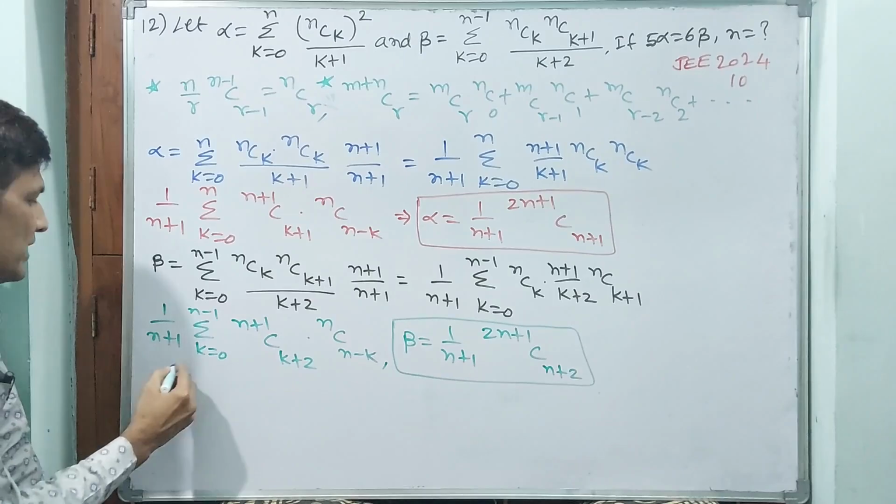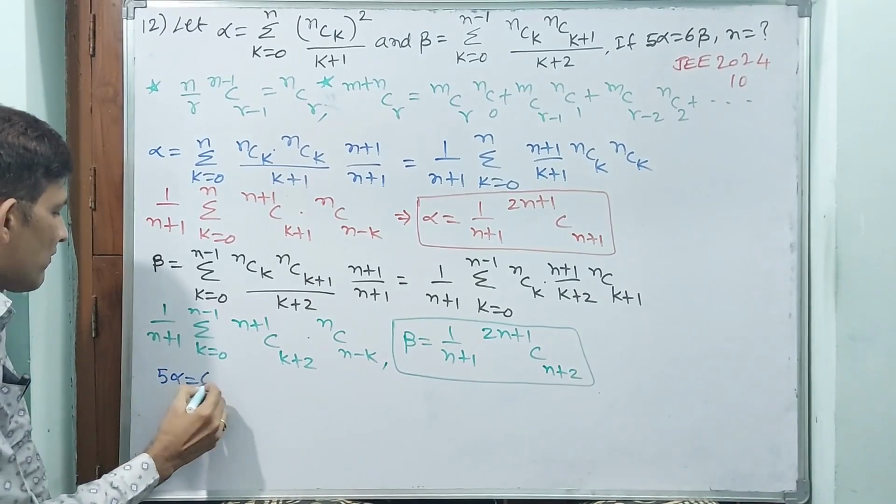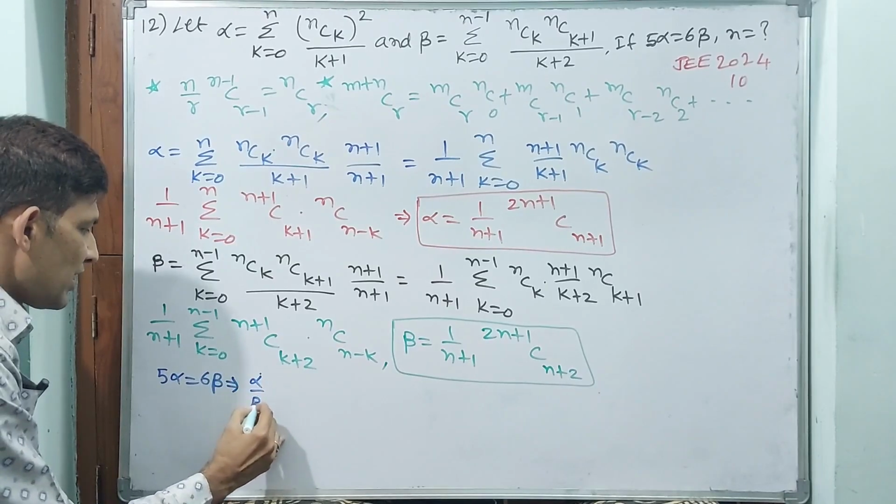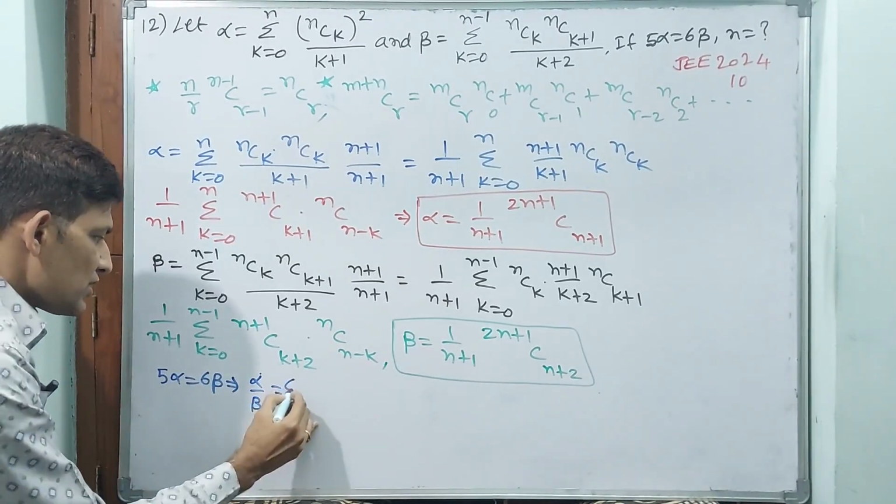See what I want to say. 5 alpha is equal to 6 beta, or else alpha by beta is equal to 6 by 5.